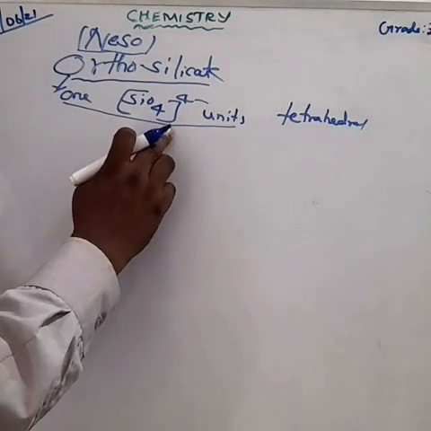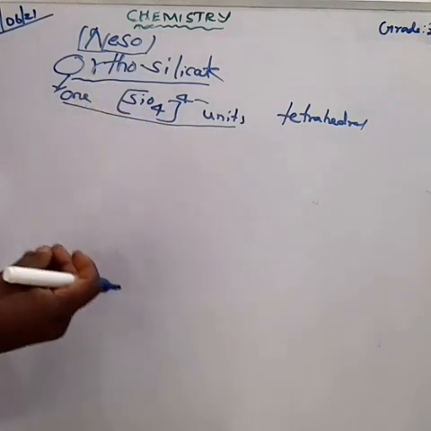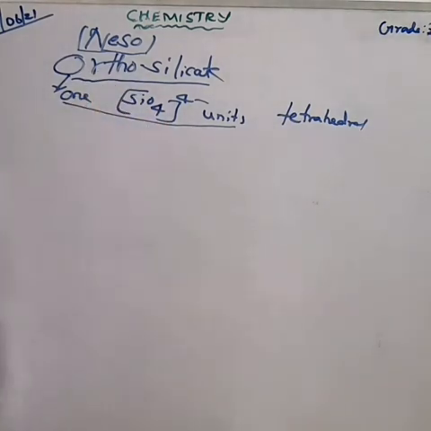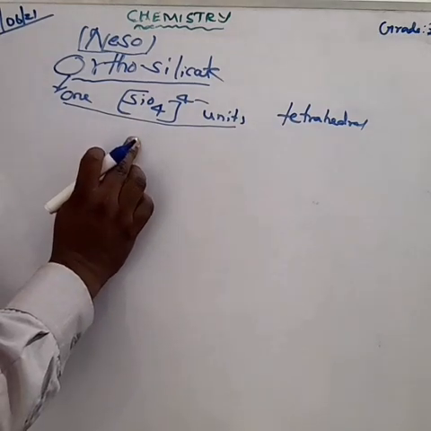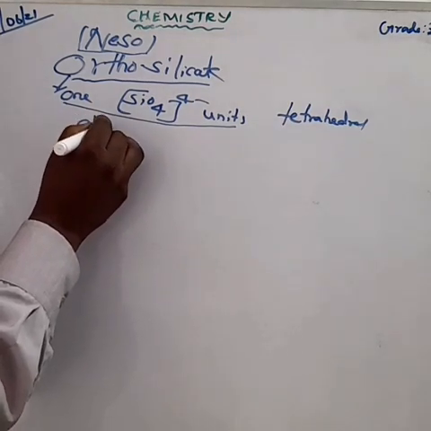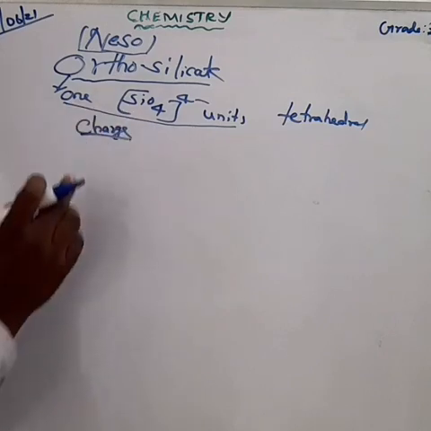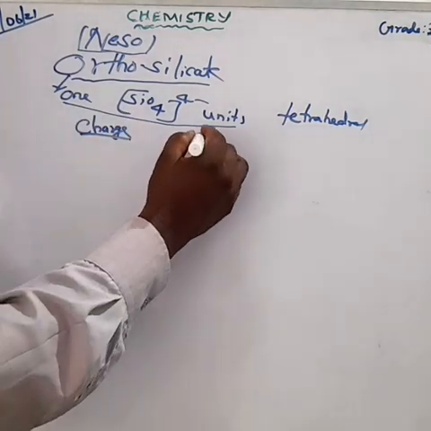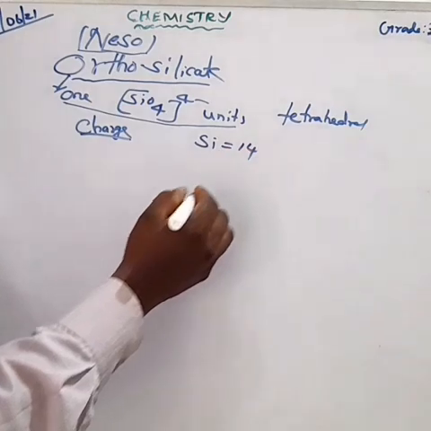What about the charge of SiO4 4 minus? How can you find out the charge? Already we discussed this many times. How do we get 4 minus? Listen, all of you. The atomic number of silicon is 14.